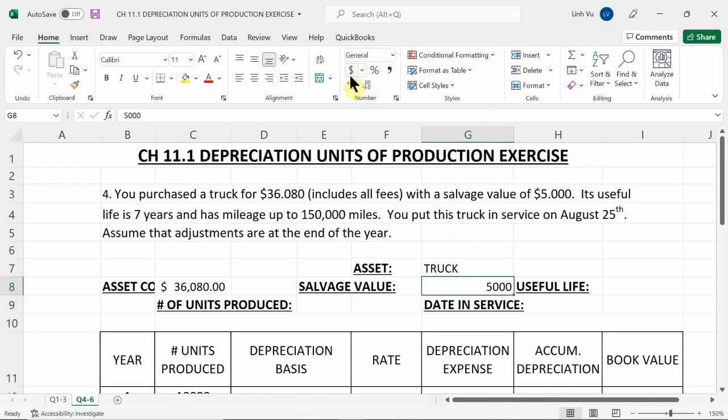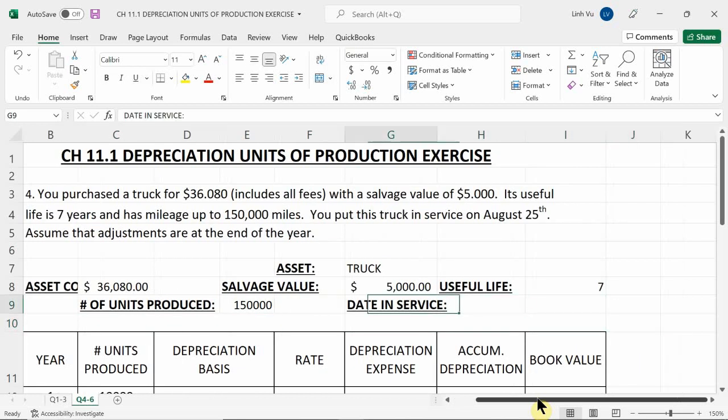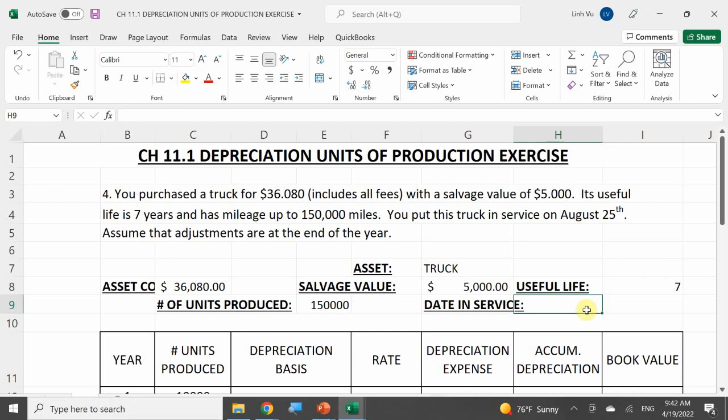What's my useful life? 7 years. And then the number of units it can produce is 150,000 miles. And last but not least, what's the date that we placed into service? September 1st. Okay. Here I put August 25th, therefore you determine that September 1st. Good.